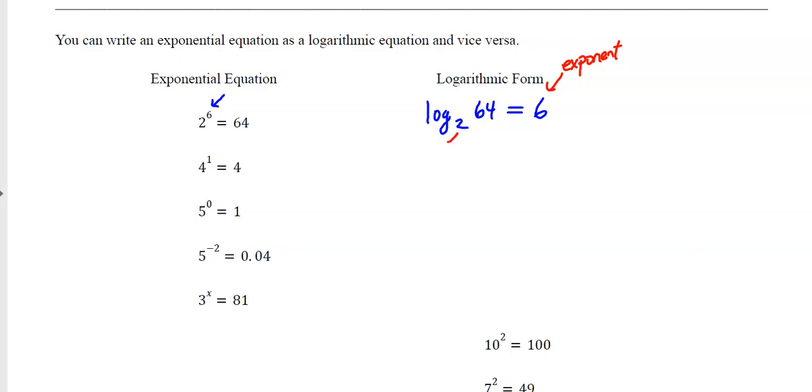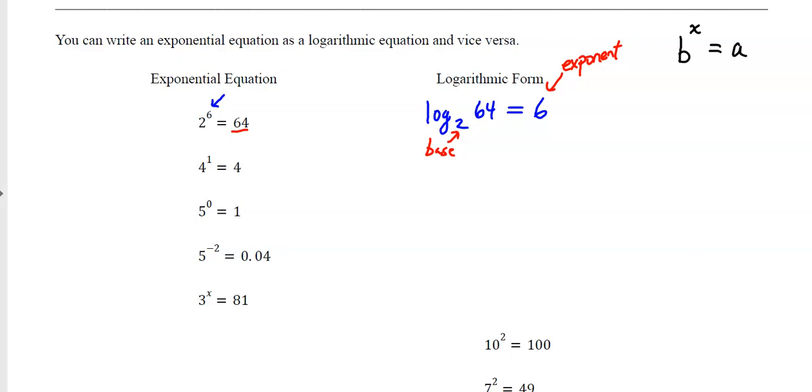This 2 right here is the base, all right? And then the 64 is the answer from exponential form. I know sometimes people refer to this as a circle. So let's say that we have b to the x equals a, some sort of answer.